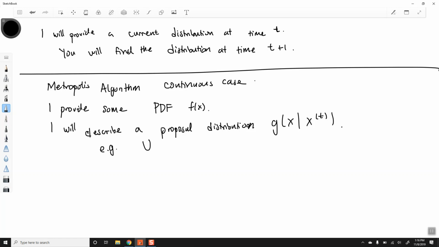So you could have uniform from x at time t minus some quantity a to x at time t plus a, okay?